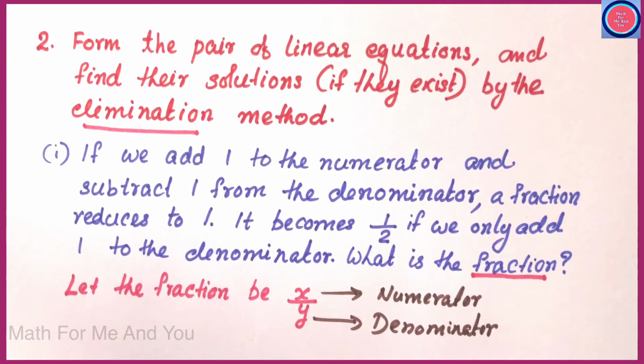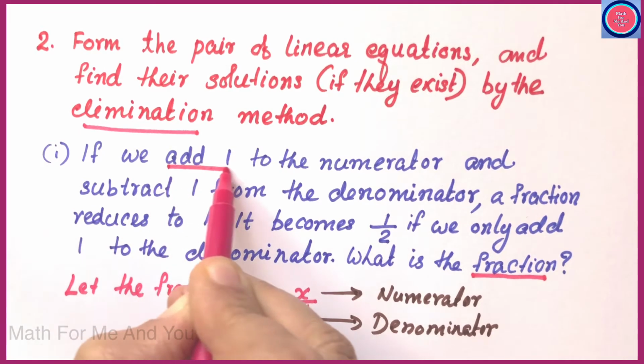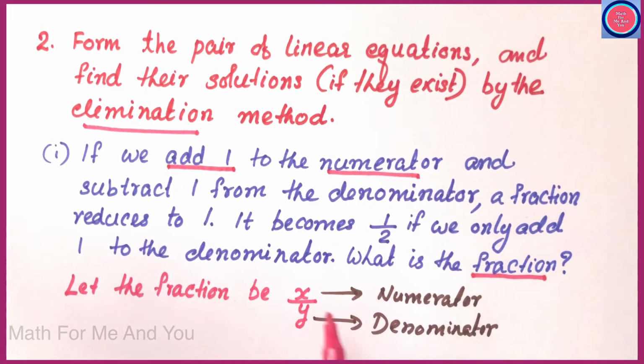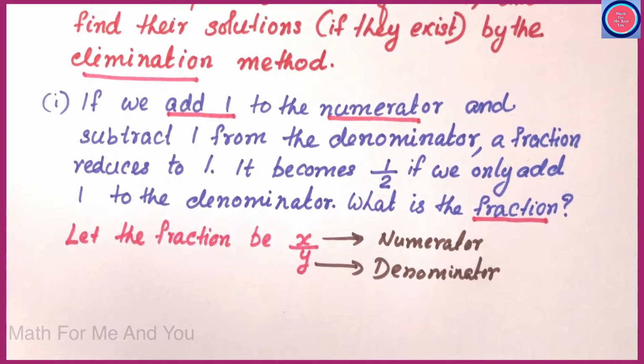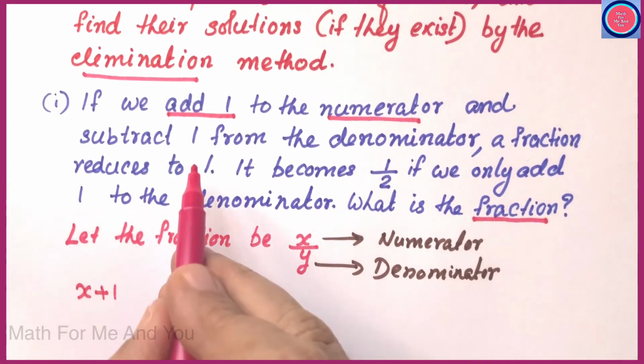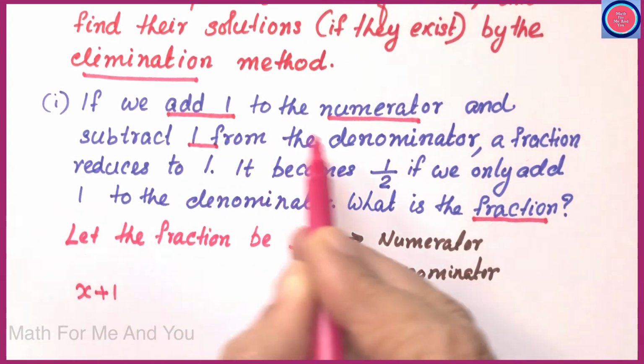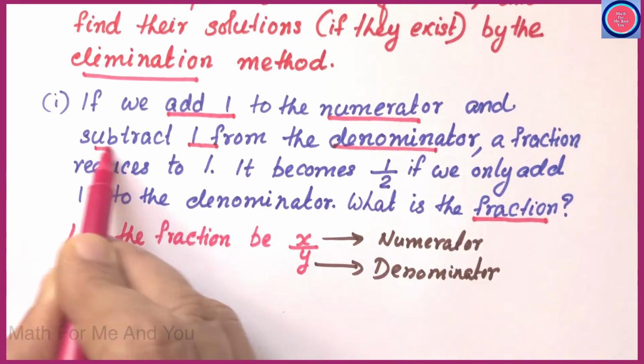Now we read the question, and from the question we can form the linear equations in x and y. If we add 1 to the numerator, add means plus, numerator that is x, we are going to add plus 1 to x: x plus 1. And subtract 1 from the denominator.